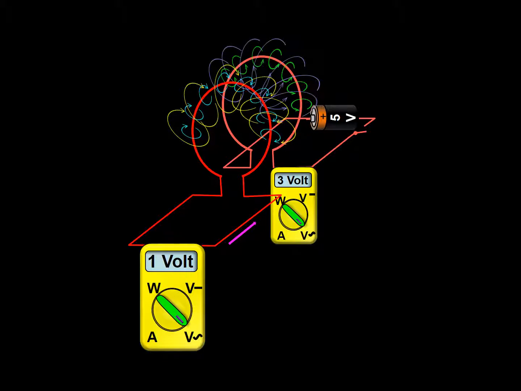This current, as it flows in the secondary coil, also produces a magnetic force, but in the opposite direction. This magnetic force induces a current in the primary circuit in the opposite direction and decreases the voltage of the primary circuit.